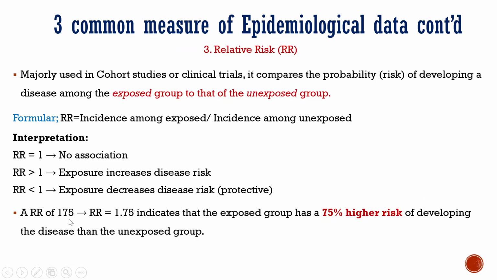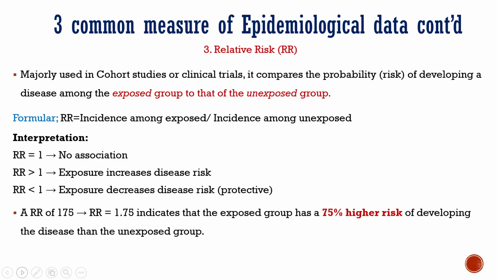Okay, so just like when the relative risk is 1.75, it means that the exposed group has a 75% higher risk of developing the disease than the unexposed group. Do you understand? So these are the three measures of epidemiological data.